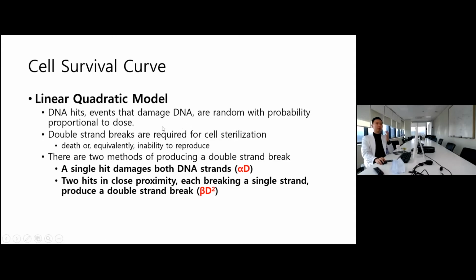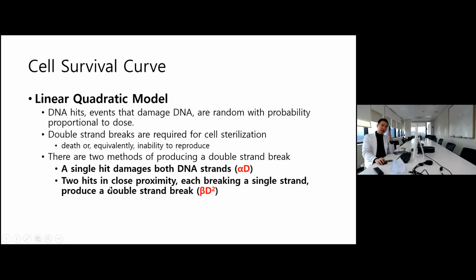So such a probability, if we need 2 hits in single strand break, it will come out as a square. And there is another assumption that for the cell sterilization, there needs to be a double strand break, like cell sterilization, meaning death or inability to reproduce.